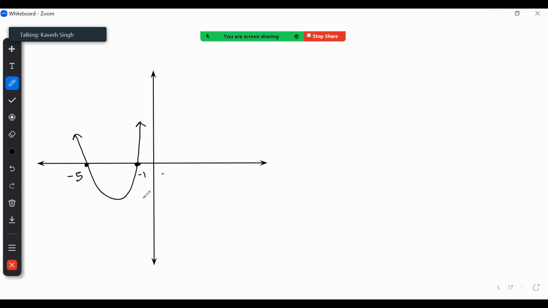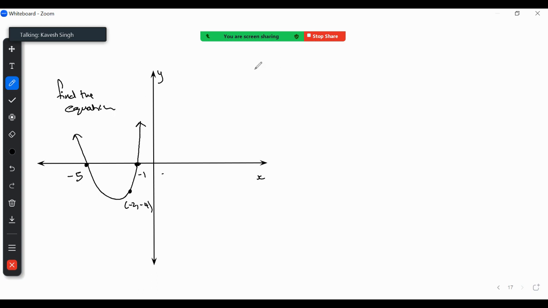And I have a point on this, which is not the turning point, but another point on this, let's say over here, which is negative 2 and negative 4. And they ask me to find the equation for this.